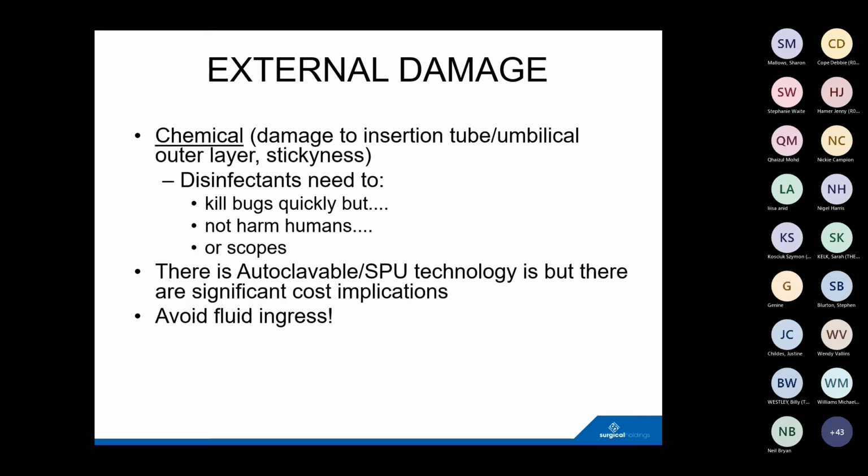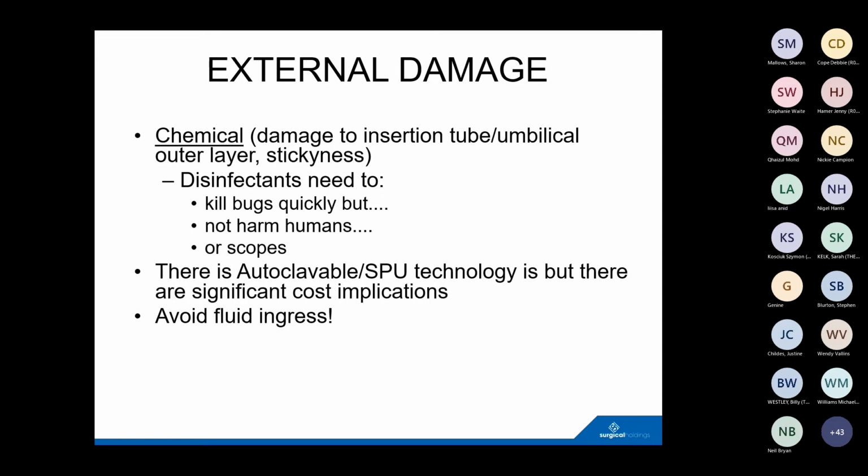There's also other types of damage. Part of the problem you have with flexible endoscopy is, as far as I'm aware, there aren't any autoclavable scopes out there yet. There's certainly autoclavable technology, because it's been around for some time, but I don't believe it's been commercialized, from a cost economy perspective principally. And there's single patient use technology, so there are disposable endoscopes as well.